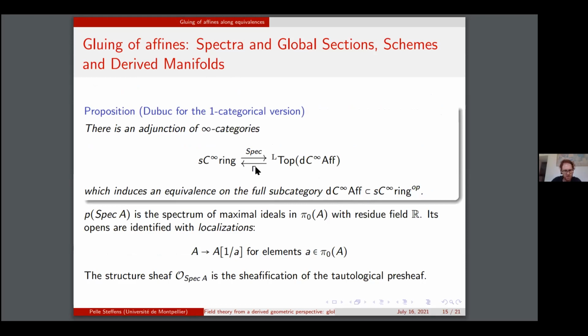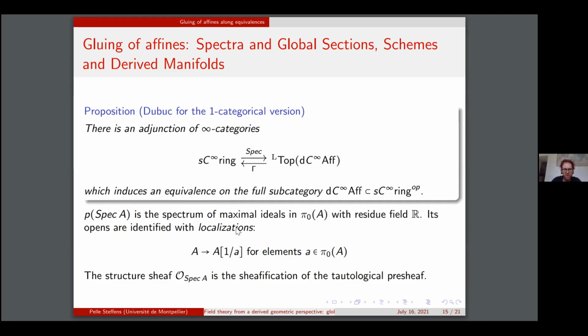And if you want to know what it does, remember P was the underlying space functor of spec A. This is the maximal ideal spectrum, but the residue field needs to be the reals. And if you take A, say C infinity of a manifold, it's very easy to see that pi zero of this spec of C infinity of M actually gives you back the space M.